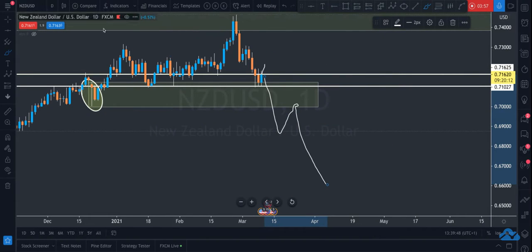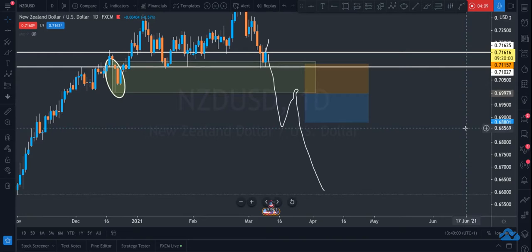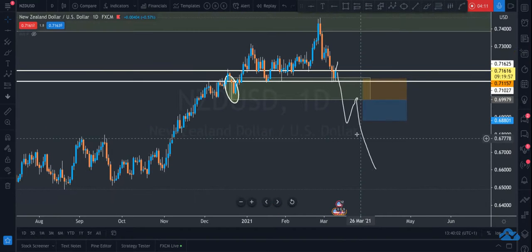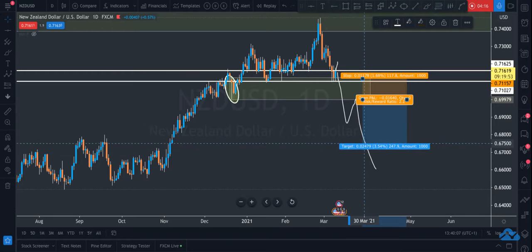If you don't want to wait for the price to do this thing, let me show you first which kind of stop loss and TP we can take. So first of all, the TP will be more or less this one. Why?